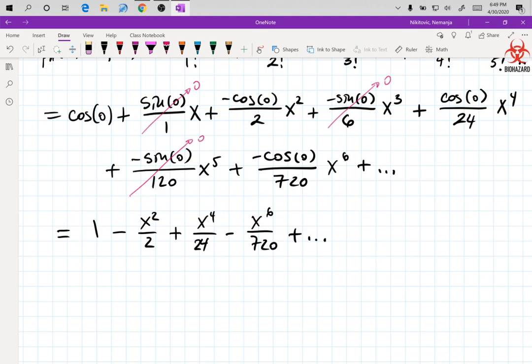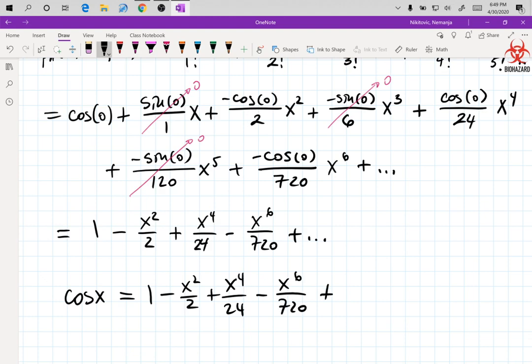And what we are going to do now is just write it as a formula, and then we can also write it in a compact form as well, right? So we can write that cosine of x is equal to 1 minus x squared over 2 plus x to the 4 over 24 minus x to the 6 over 720 plus dot dot dot.